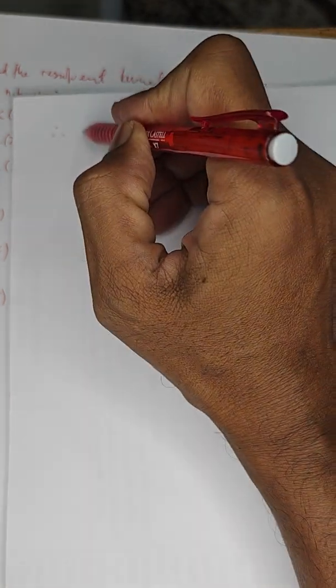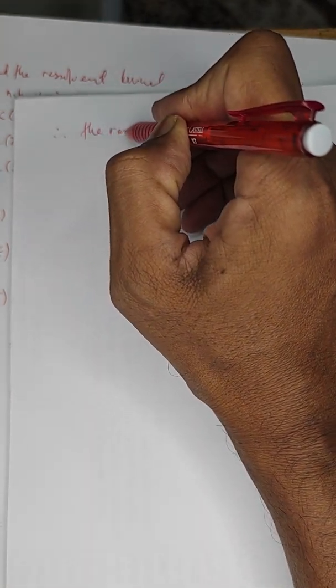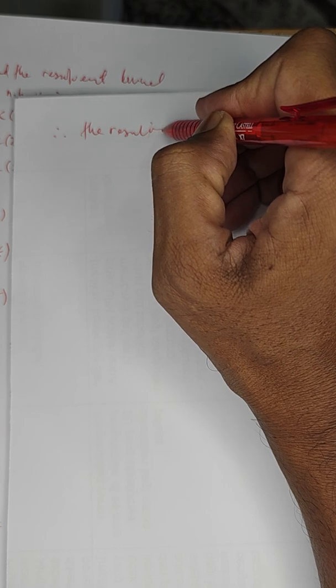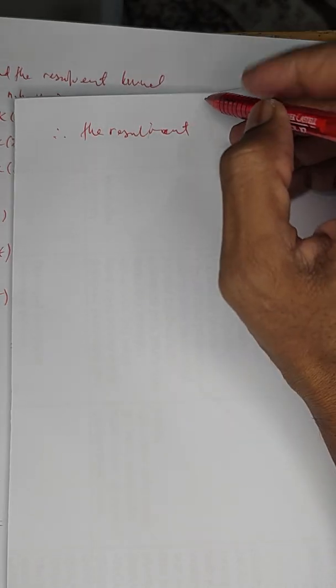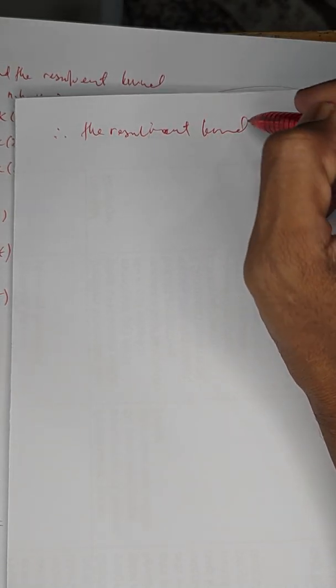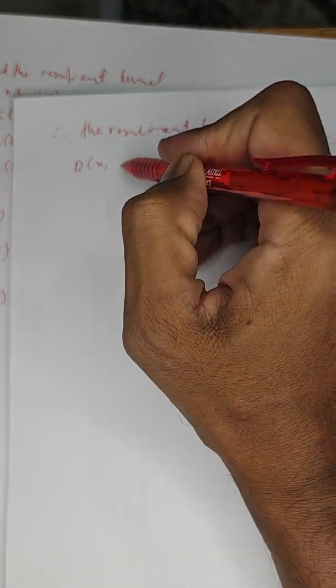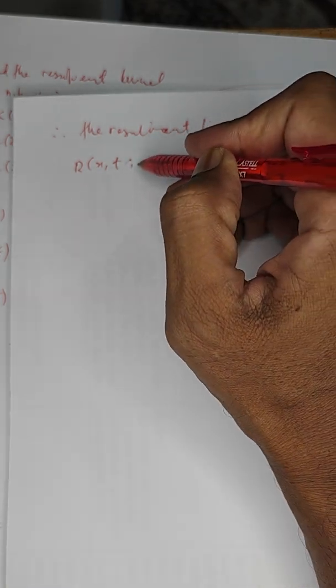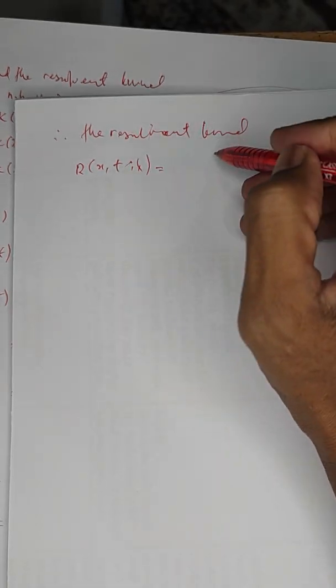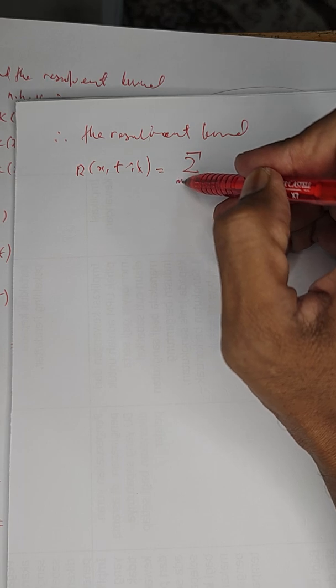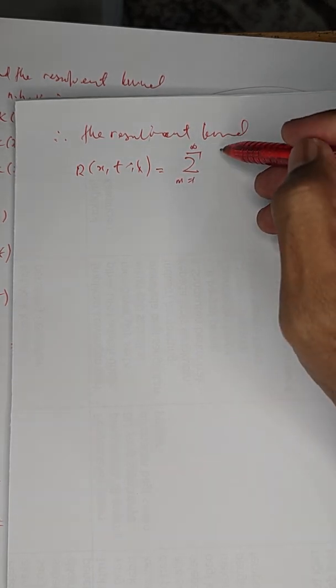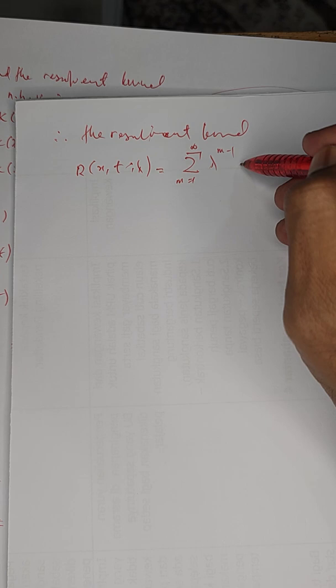Therefore, the resolvent kernel, which we denote as R(x,t;lambda), is by definition the sum from m equal to 1 to infinity of lambda^(m-1) K_m(x,t).